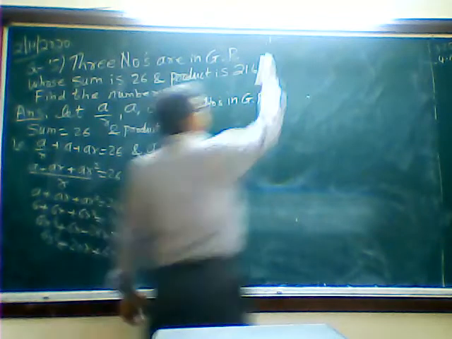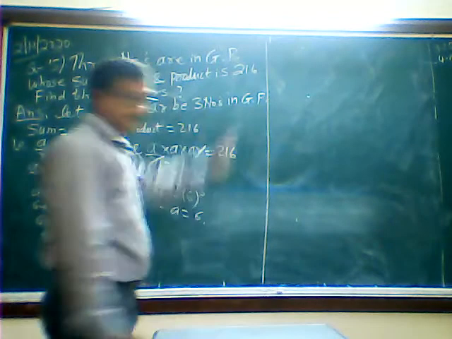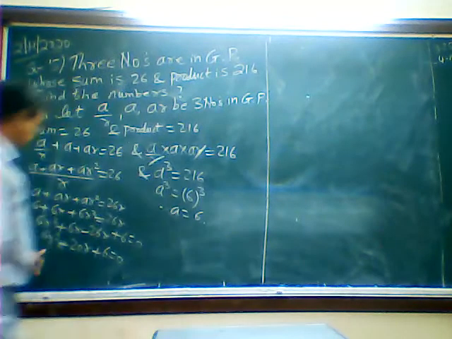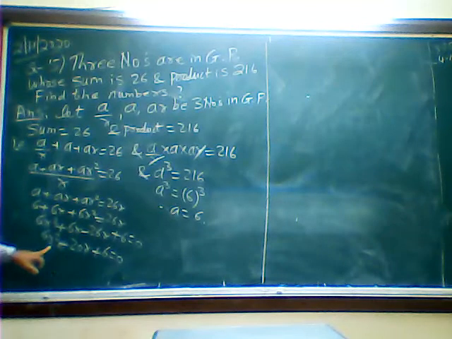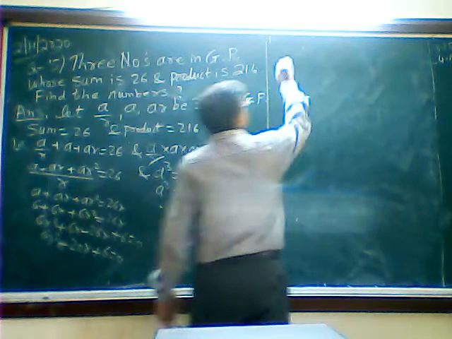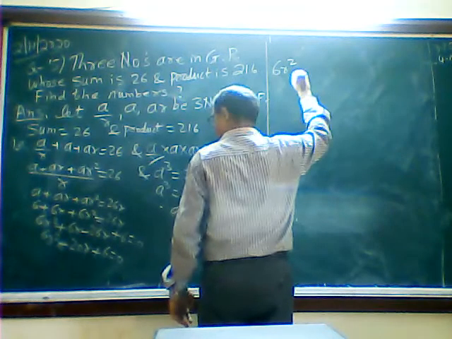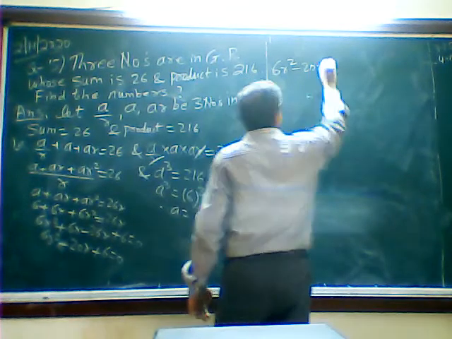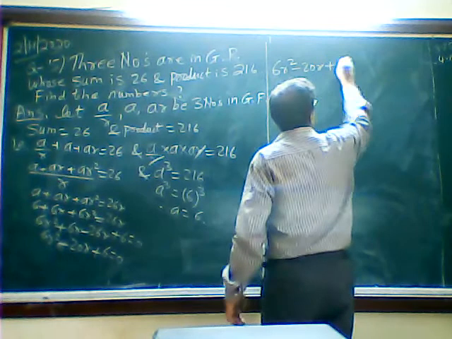This R value I will find here. It is a little bit big. What I got here: 6R square minus 20R plus 6 is equal to 0.